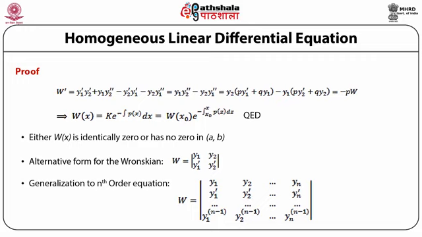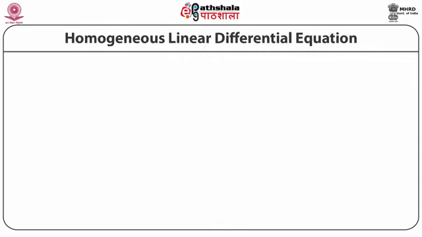The second row is given by the first order derivatives of y1, y2 and so on till yn, and subsequently the n-th row is given by the (n-1)th derivative of y1, the (n-1)th derivative of y2, and so on till the (n-1)th derivative of yn. The Wronskian is defined for any set of functions.